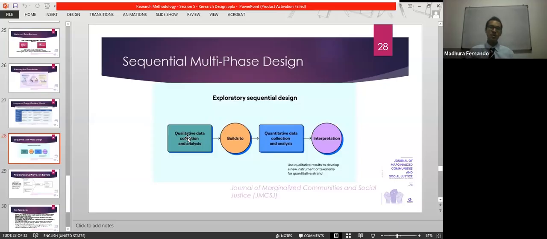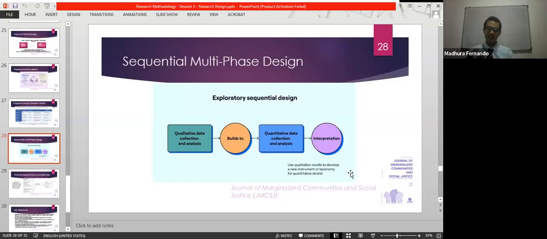Based on those indicators, you go for quantitative data collection and analysis. Then you can interpret the problem very well. Use qualitative results to develop a new instrument or taxonomy. You can develop a new theory or new instrument using qualitative data.